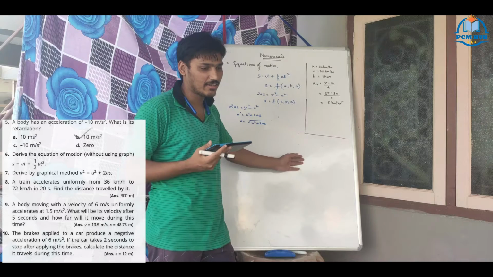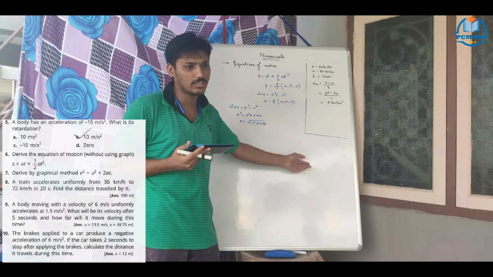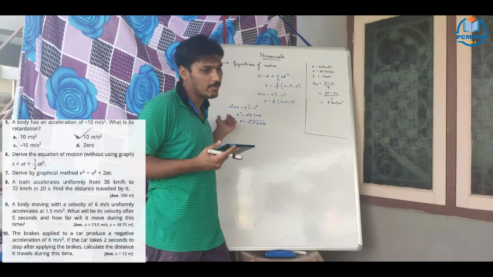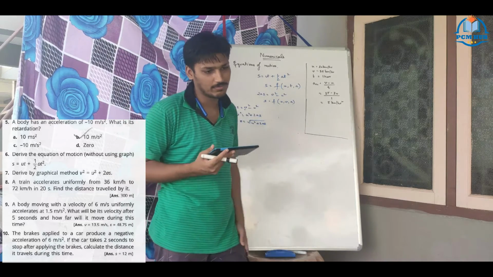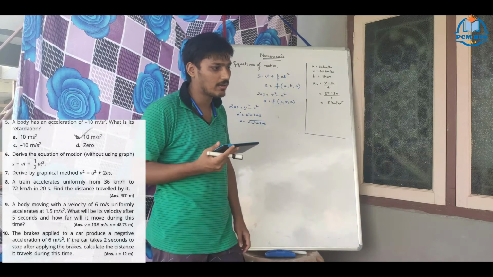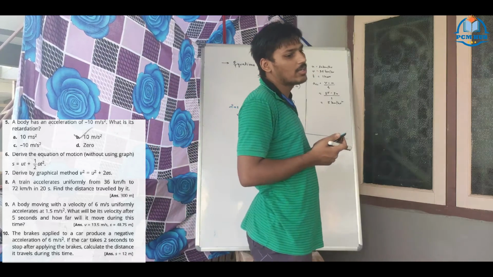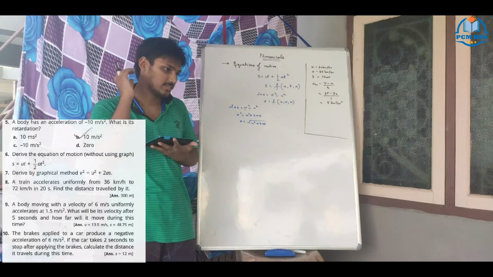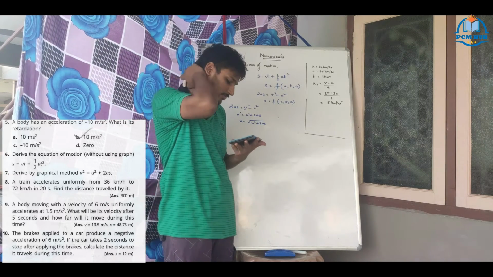So a into 2, denominator 2a. This 2a we multiply towards the LHS, so 2as will come, because we are finding s now. So v minus u into v plus u is v square minus u square, according to our identities in the second chapter of polynomials, which we already read.